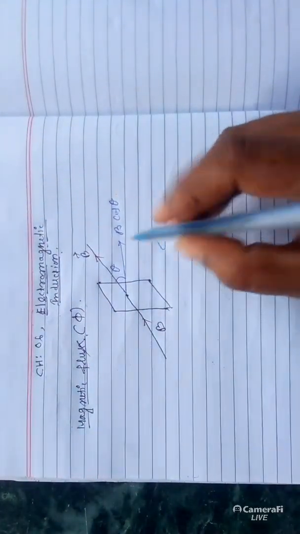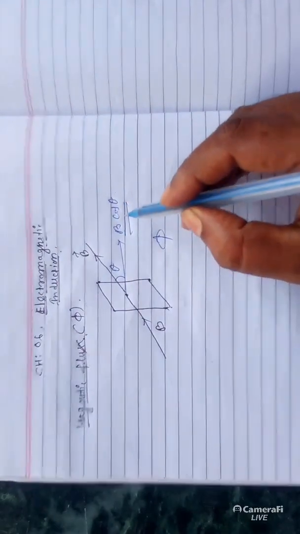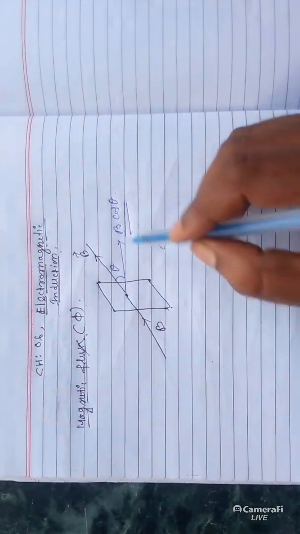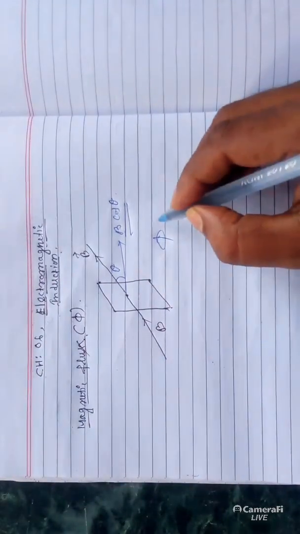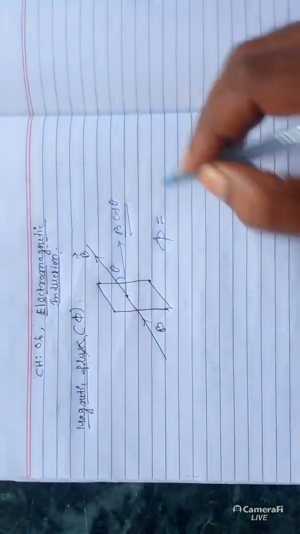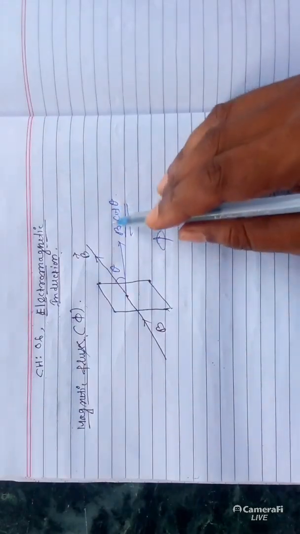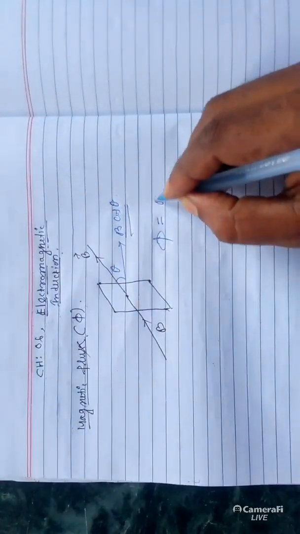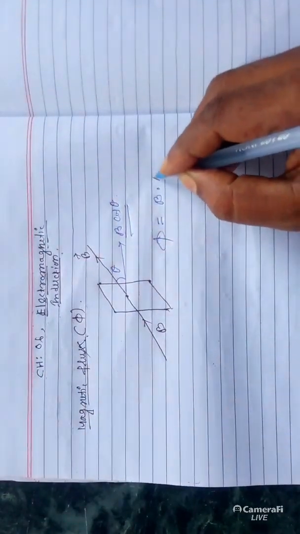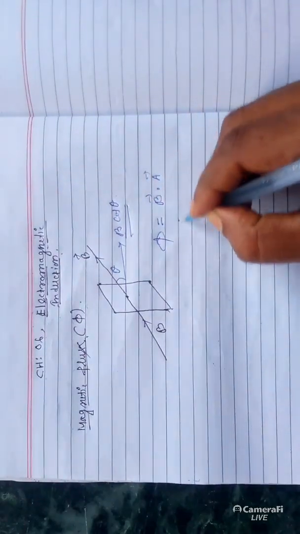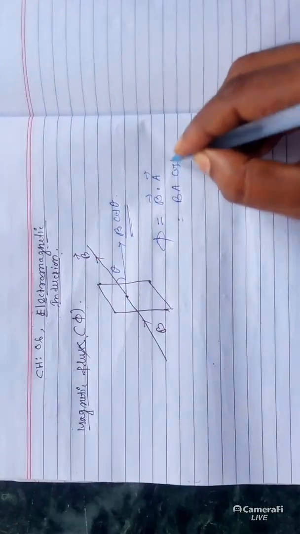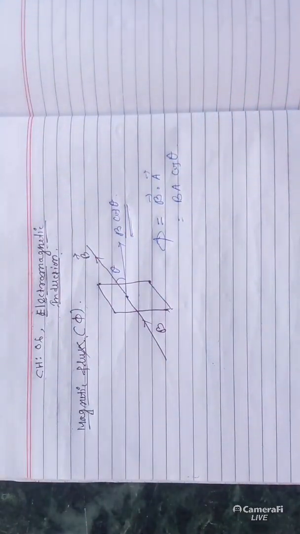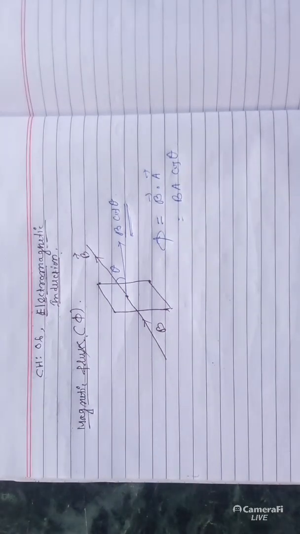So flux is this component B cos theta, that means the perpendicular component of the magnetic field passing through this surface area. So in the vector form, how will you write? Flux is a scalar quantity, phi is equal to B dot A. That means you will get B A cos theta, and if the area is unity, then you will get B cos theta.